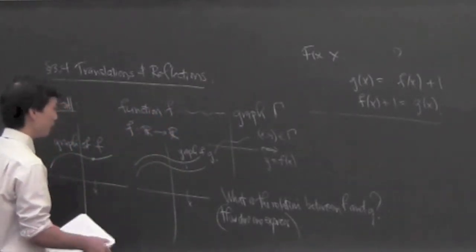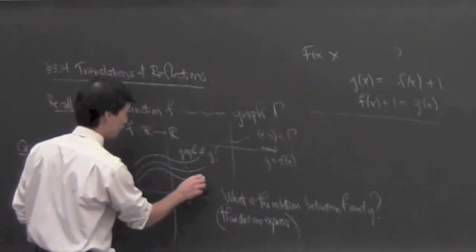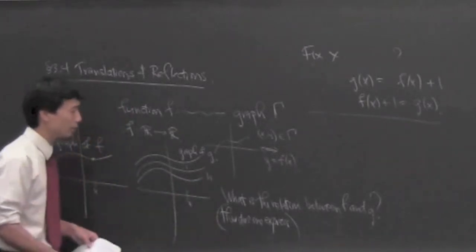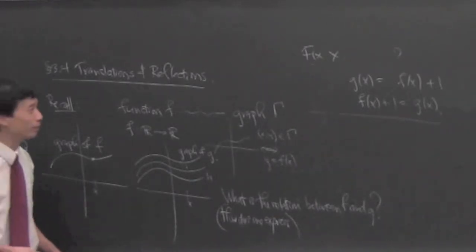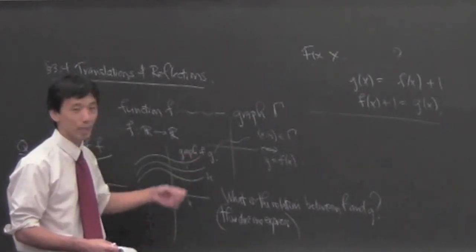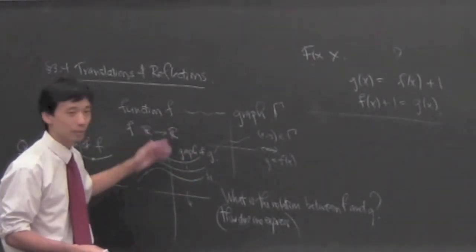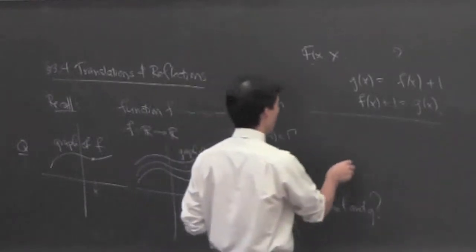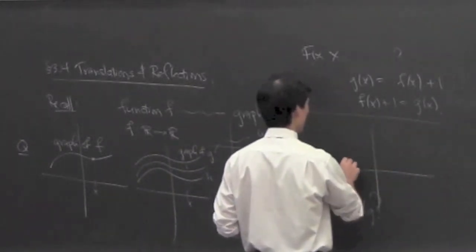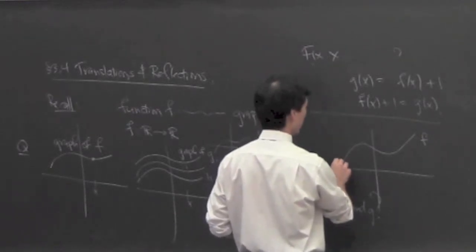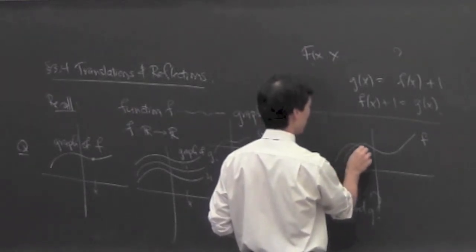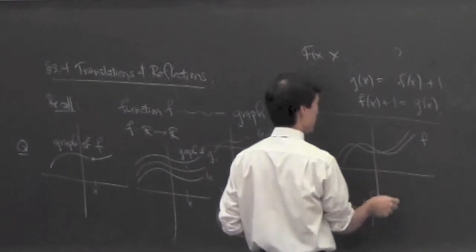If I have something below, of course, if h is below, then what's the relation between h and f? Julia? Subtract 1. So h of x is going to be f of x minus 1. It's going to be lower. Now here's f of x, and let's say that here is g of x.